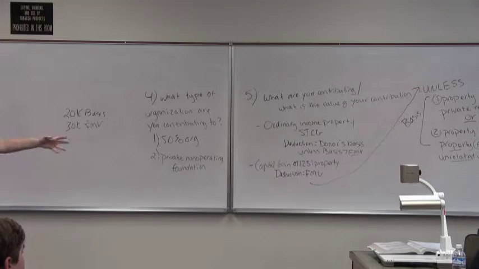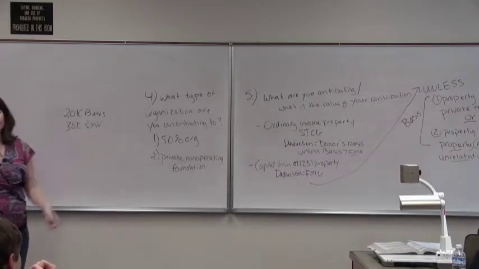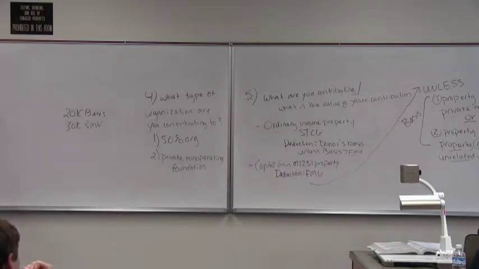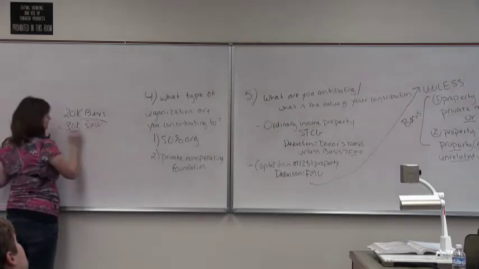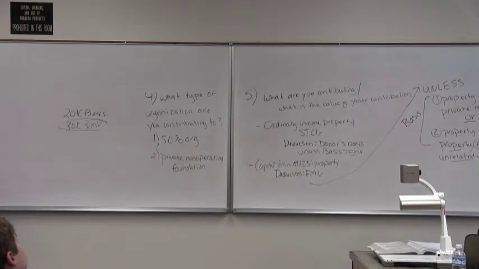Is it put to an unrelated use? What do you think? No. She gave it to an art museum, and the art museum is using it in their collection. That's not an unrelated use. So she is going to be able to use the fair market value as the value of her contribution, not the basis, because this is a capital gain problem and one of the exceptions doesn't apply.